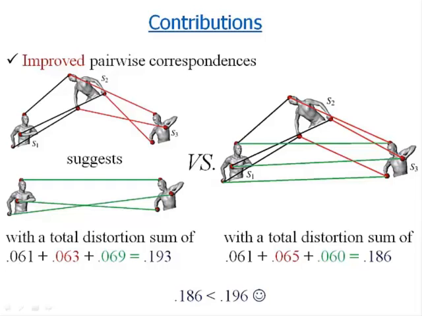So the first contribution of the paper is that we are improving pairwise correspondences. So take this example, for instance, on the right. I am finding correspondence between S1 and S2 in isolation, and S2 and S3 in isolation.